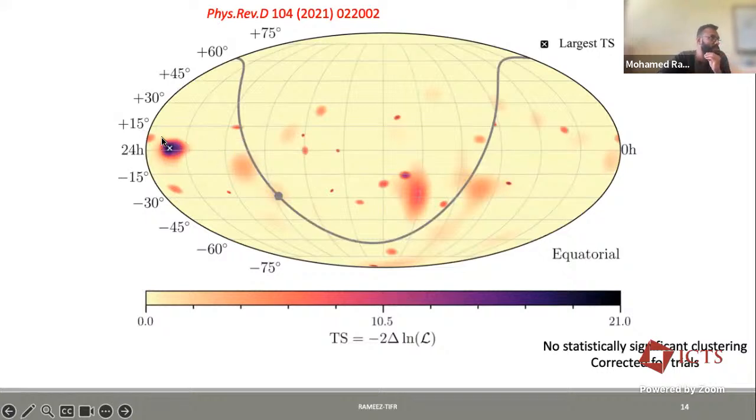You may think that here this is a hotspot, so we've seen a source, but we have basically maximized the likelihood at every point in the sky. And because you're doing that, you need to account for the look elsewhere effect of looking at every point in the sky. And once you account for that, all of these are basically statistically marginal. None of them are at the threshold where you can say, oh, I believe there is a source there.